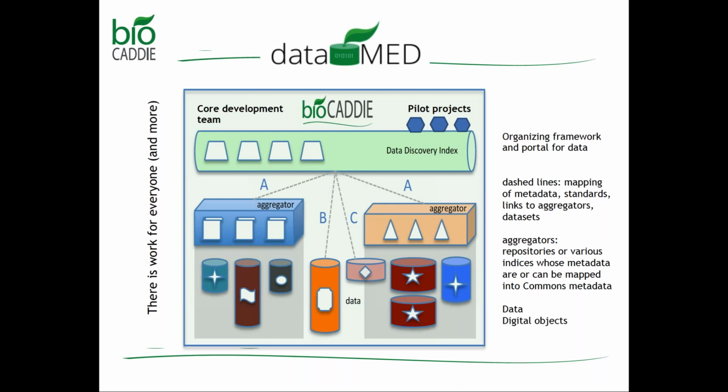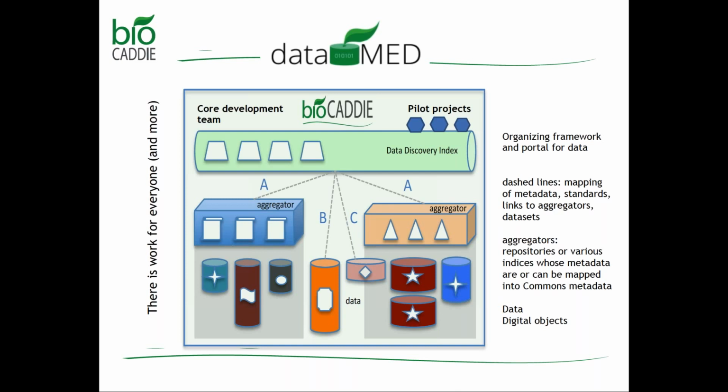An important aspect also is that we want to index data aggregators. That means we want to index other indices. We don't want to reproduce that work. And in fact, we want to make sure users can get to them when they are searching for particular objects. Like I said, in our case, we're searching across a wide variety of data types.